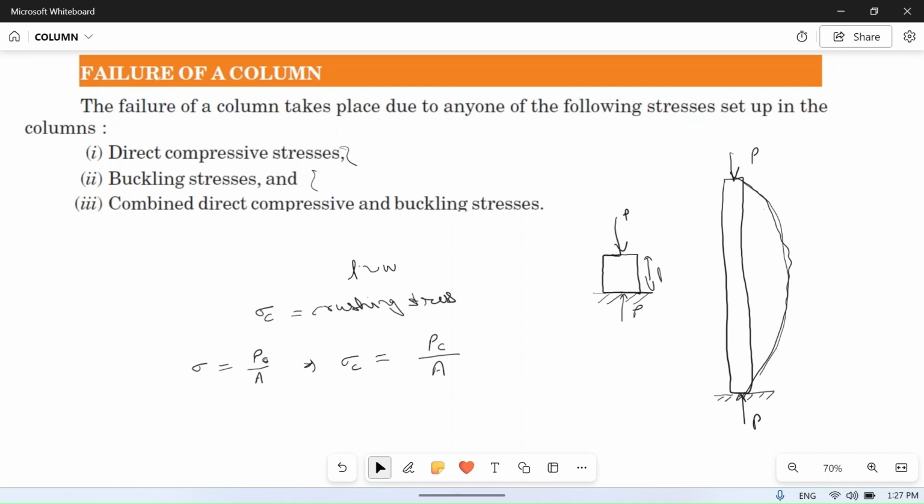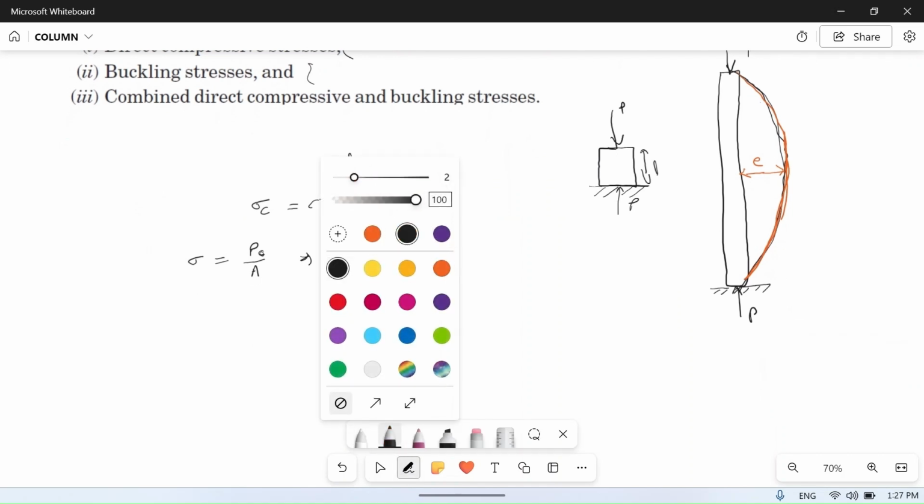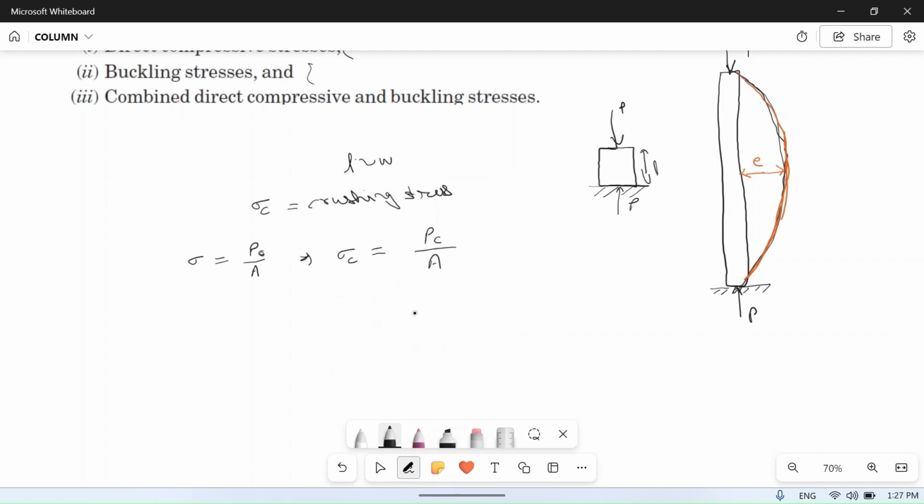Suppose this is a column initially, and after buckling it changes shape like this, and this e is the eccentricity, or the maximum bending of the column at the center. Then we have studied in case of beams that M upon I is equal to sigma upon y.